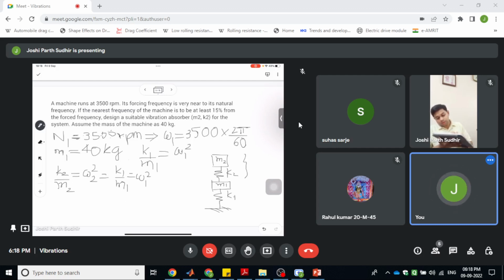This part, K2 and M2, is basically the absorber. And this is the machine.